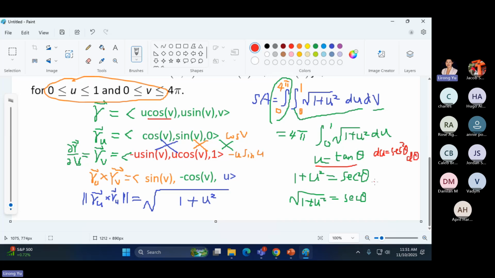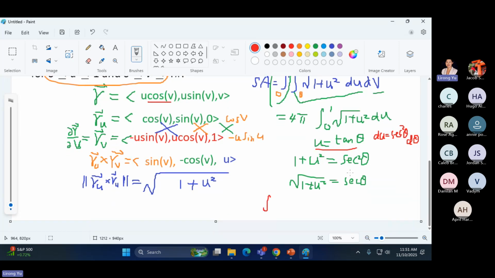So that's the conversion. The root part becomes secant, and the du becomes secant squared, so it's really the integration of secant cube theta.